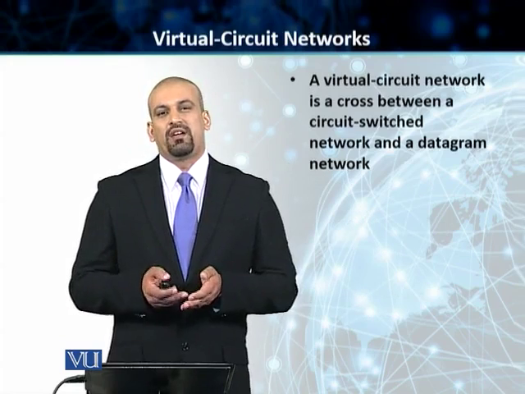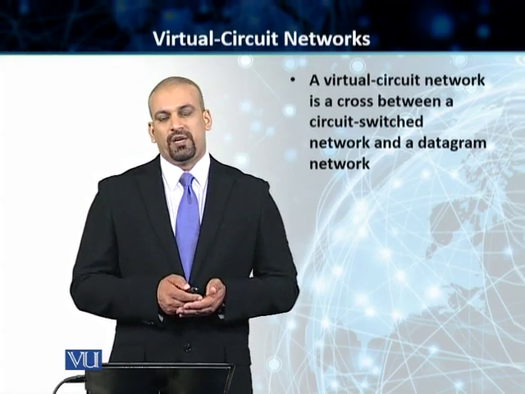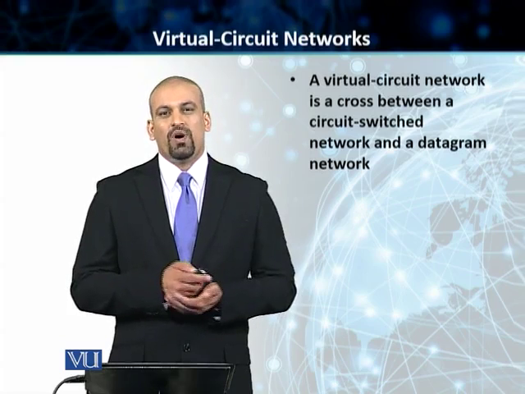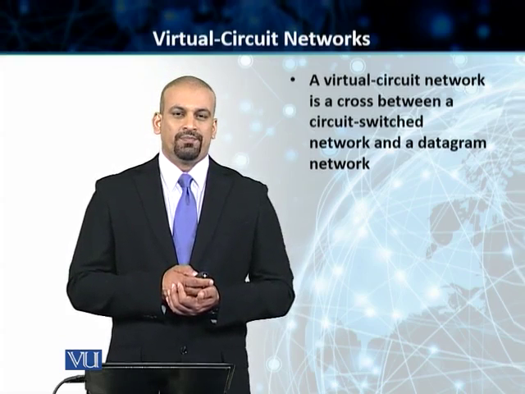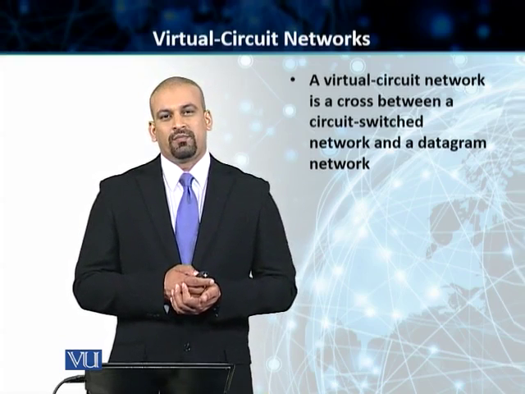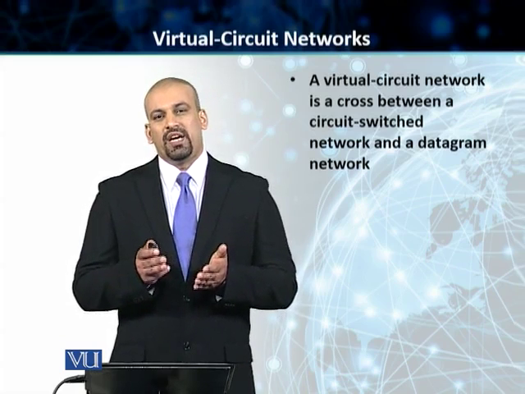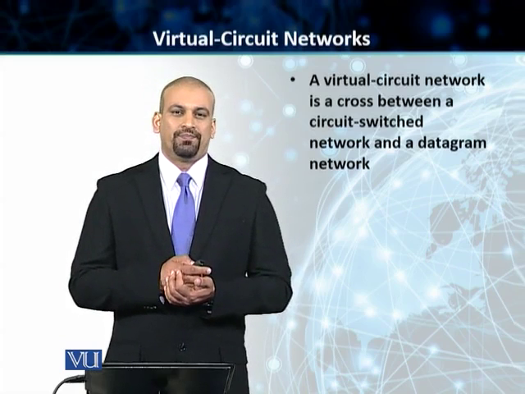Students, the second type of packet switch networks is the virtual circuit network, or we call it the virtual circuit approach. Students, this is the approach that we normally use at the data link layer. Virtual circuit approach is a cross between circuit switch networks and the datagram approach.